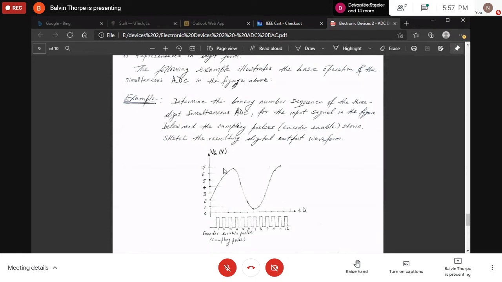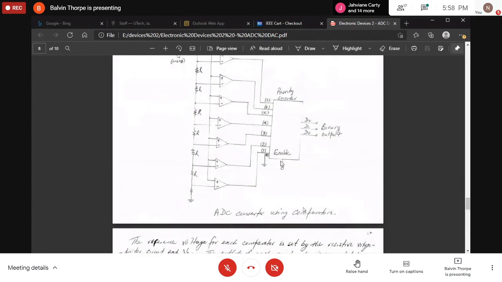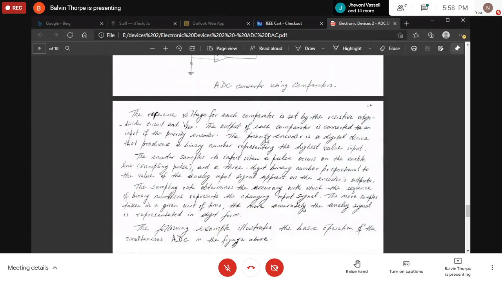So this is your input signal. This is the encoder enable pulse. In other words, this pulse is what determines when each of the values that comes in here is checked and passed to the output.